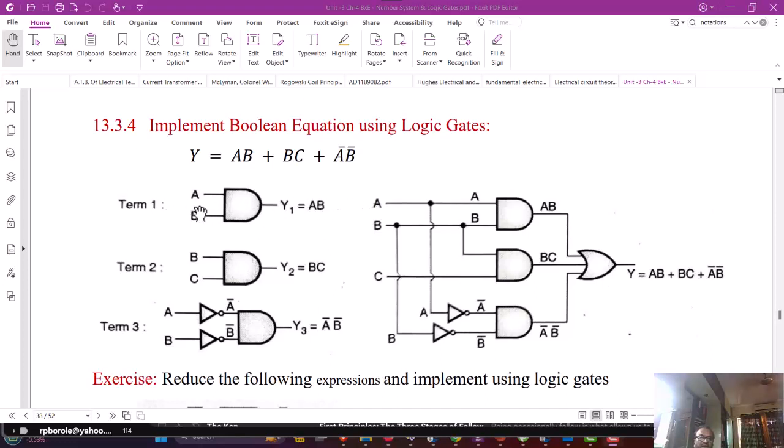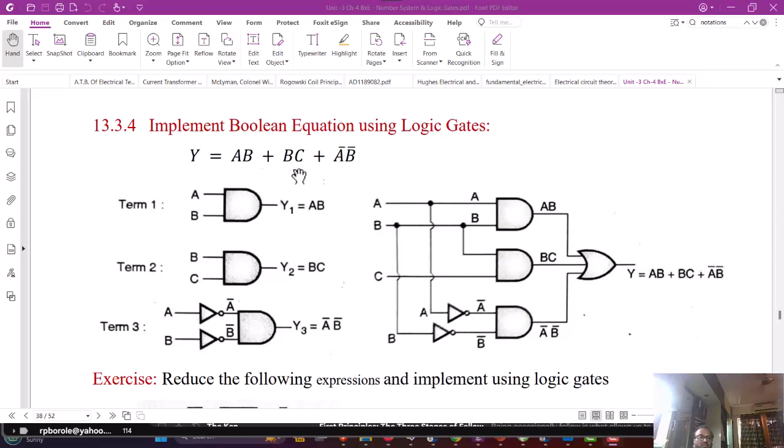Here the same inputs, say a and b, are connected to gate 1, b input is again connected to gate 2, and c input is connected to gate 2. Again a and b inputs are taken, they are complemented and connected to the third gate, and the three outputs are ORed by using a 3 input OR gate, and you are getting the Boolean expression.